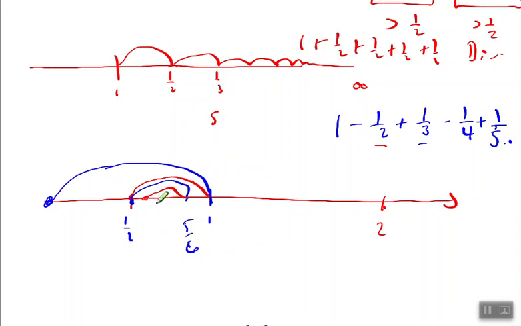I don't even know what that number is. And then now I'm going to add 1/5, but I don't make it back to this place right here. I'm adding 1/5 to it right there. And then I'm going to subtract 1/6. Then I'm going to add 1/7.